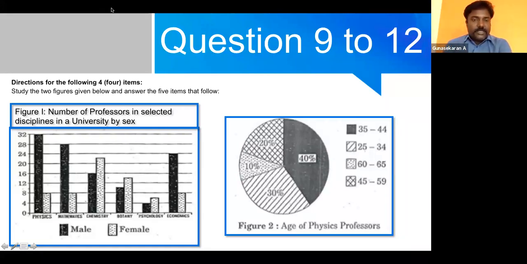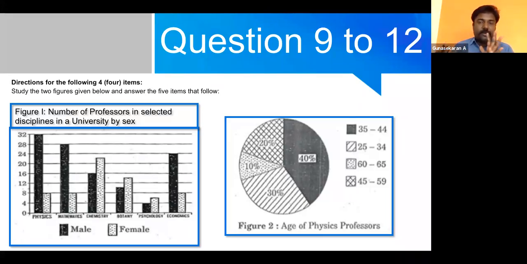The number of professors in selected disciplines in a university by sex: physics, mathematics, chemistry, botany, psychology, and economics. Then the age of professors is given: 35 to 44, 25 to 34, 60 to 65, 45 to 59. One pie chart is given, one bar diagram is given.